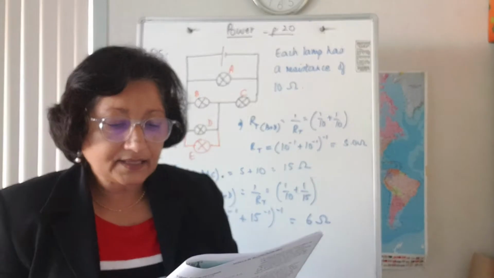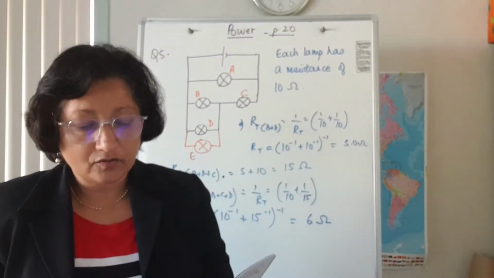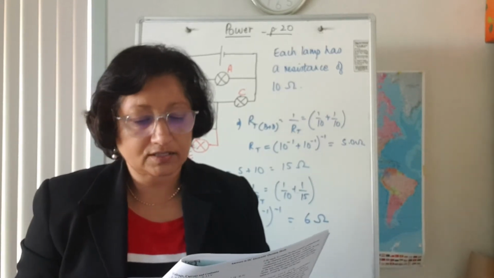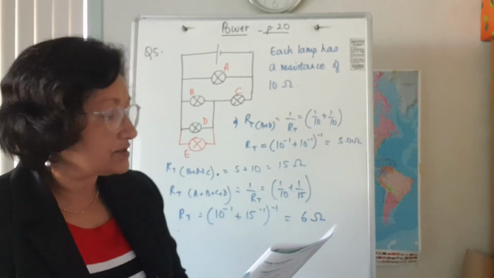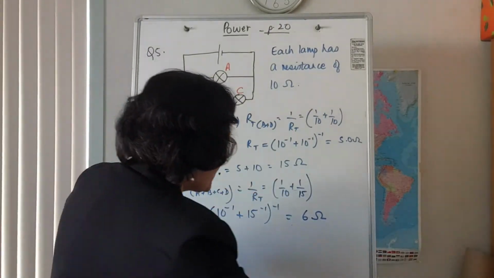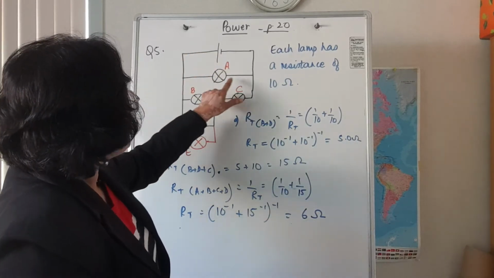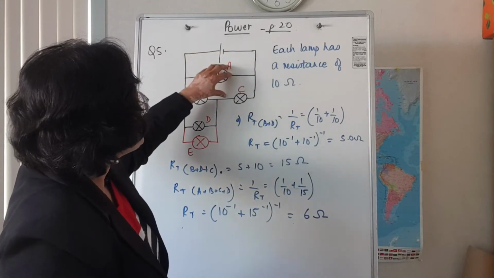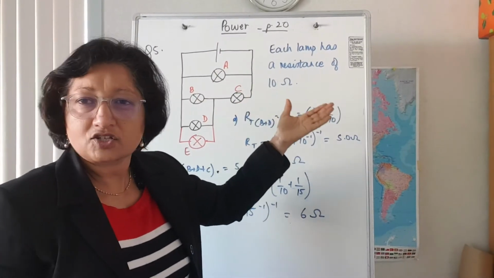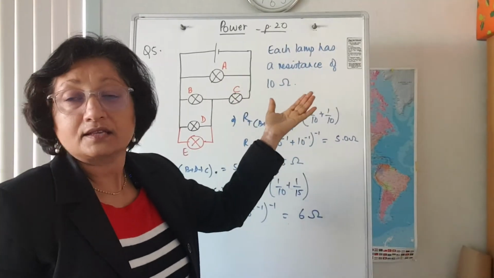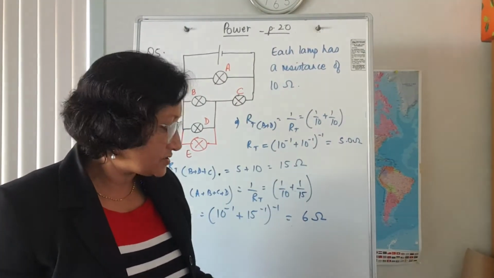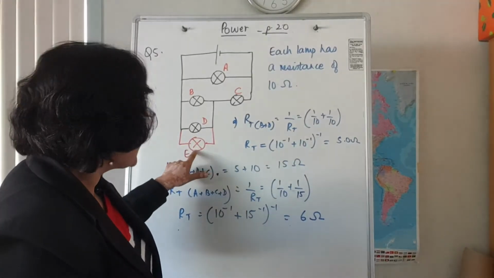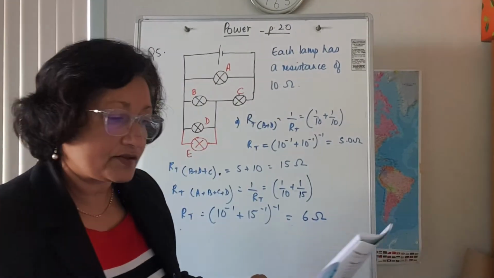Then, by considering what happens to the voltage across and the current through, remember those are the terms we use in physics, explain what would happen to the brightness of lamp A. The voltage across A will be the same as the supply voltage because these are different branches. The resistance of A hasn't changed, so the current through A is going to be the same. So the brightness of A is going to be unaffected by adding another lamp in parallel over here. That's the answer to that.